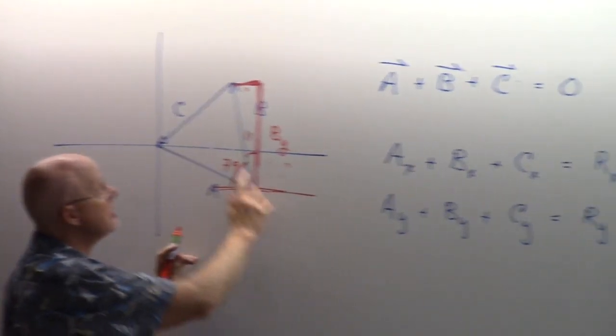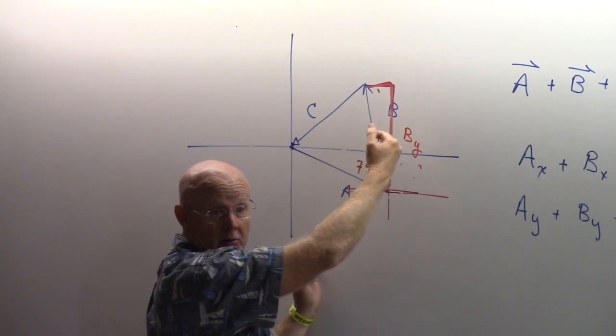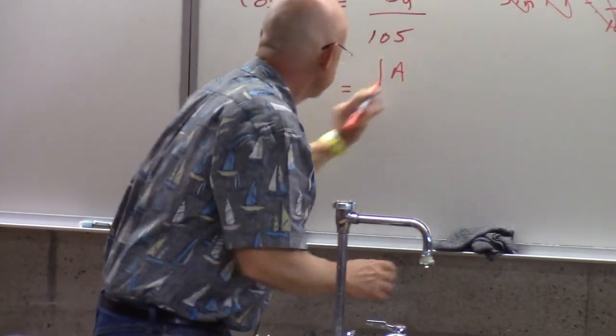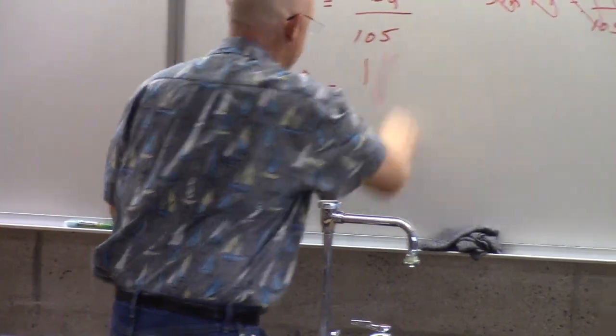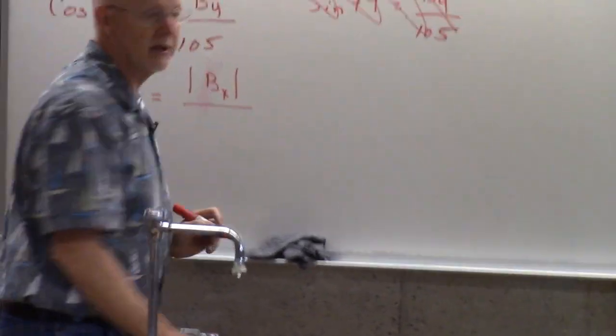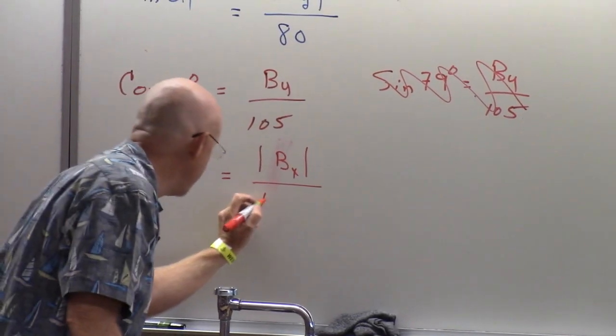By the way, do you see how the x is heading back, so it's actually a negative number? So I suppose I should be a little careful here and say it would be the magnitude of it, and then over the hypotenuse, 105.